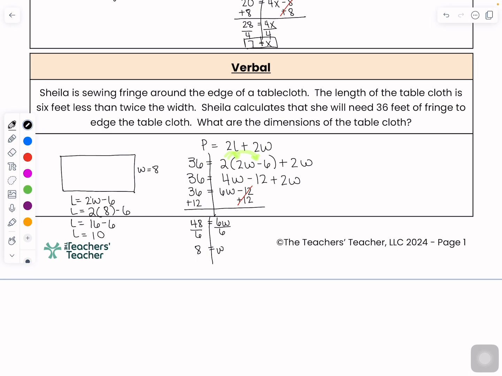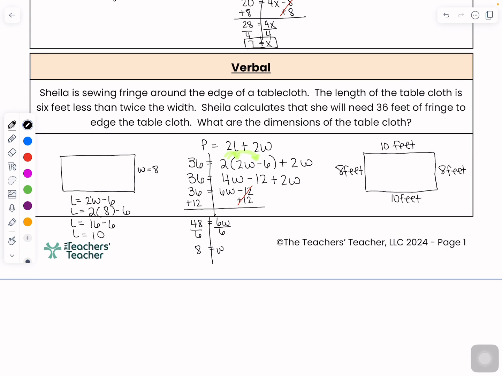If we have a rectangle with dimensions 10 feet by 8 feet, will 36 feet of fringe be enough?